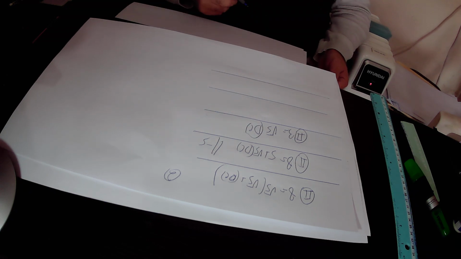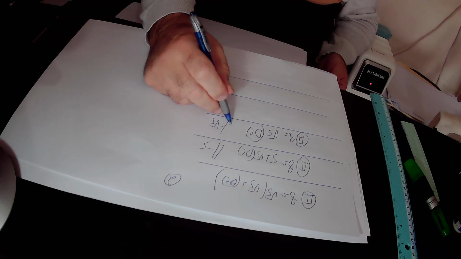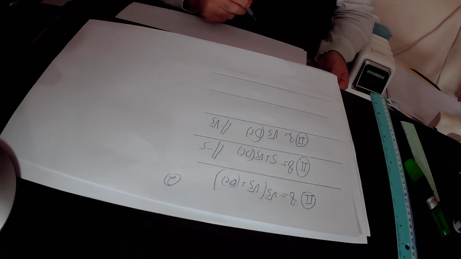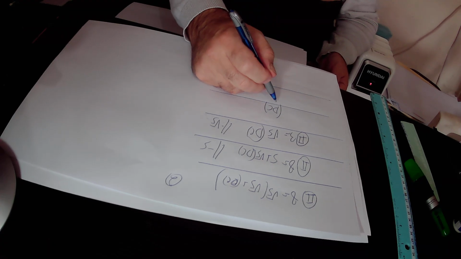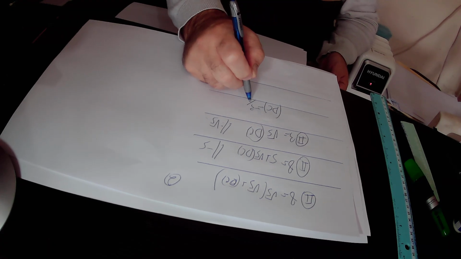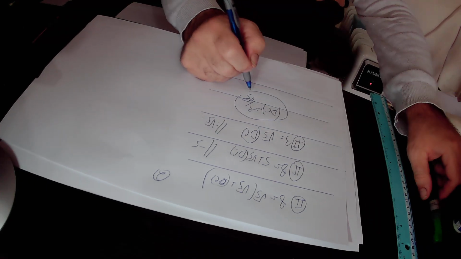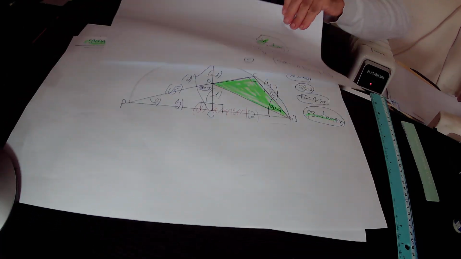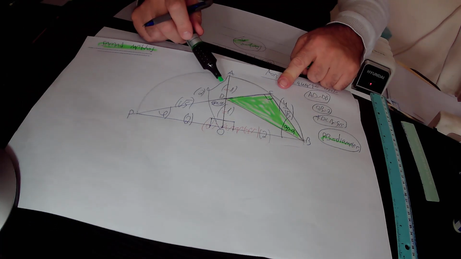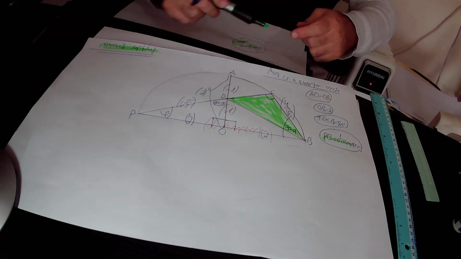Here we will divide this equation 2 by square root of 5, and find that DC is equal to 3 over square root of 5 units in its length.